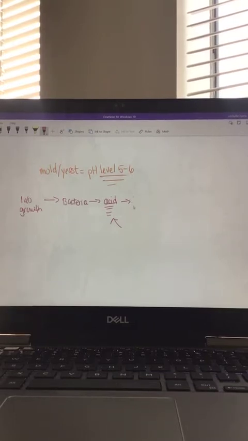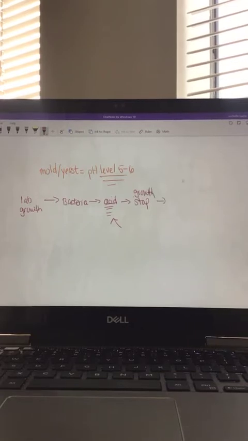So how are we as scientists supposed to neutralize and allow our bacteria to grow? Well, the growth would stop otherwise.